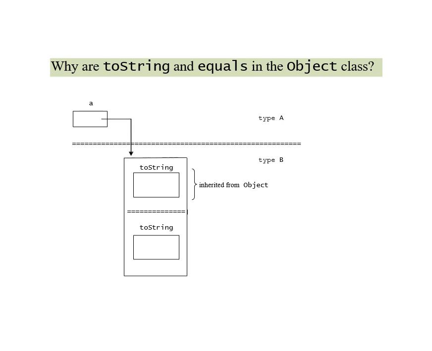But let's now say there is no toString or equals method in the object class. All right. So then your B object would have just a toString method in it. It would have other stuff inherited from A. Let's assume that A doesn't have a toString method either, and object didn't have it. So this B object would have only one, right?